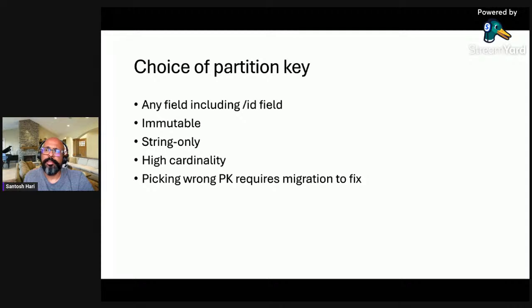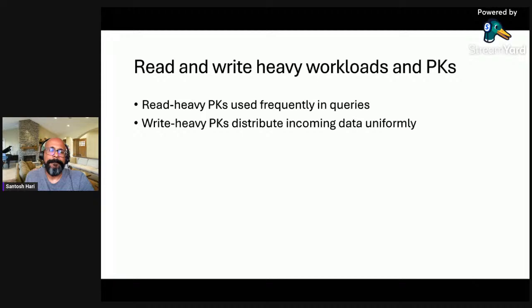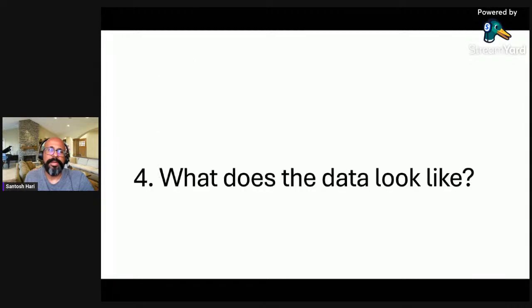You can use most fields that are string based, and you have to keep in mind that they have to be string only, because when you start using double precision numbers, it gets a little complicated. We talked about read and write heavy workloads.